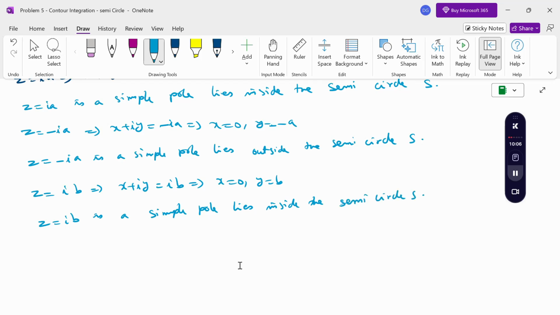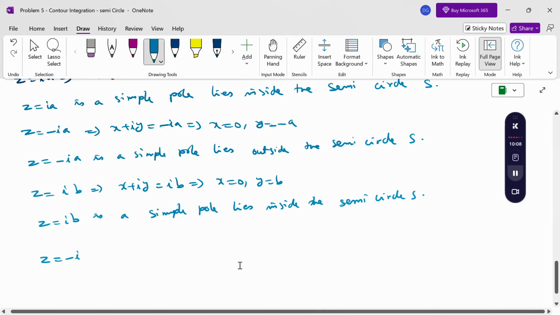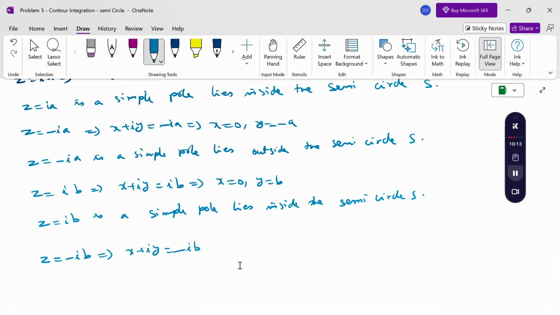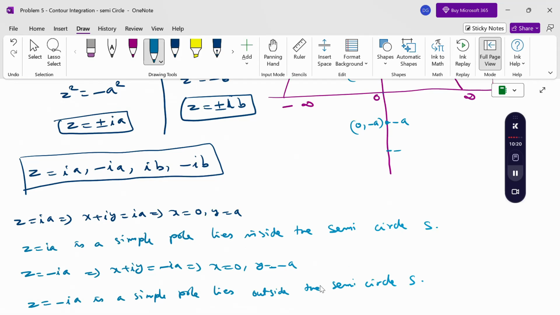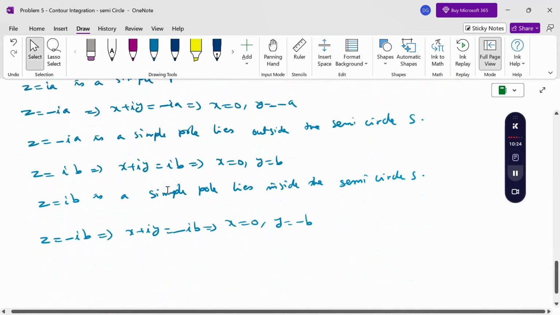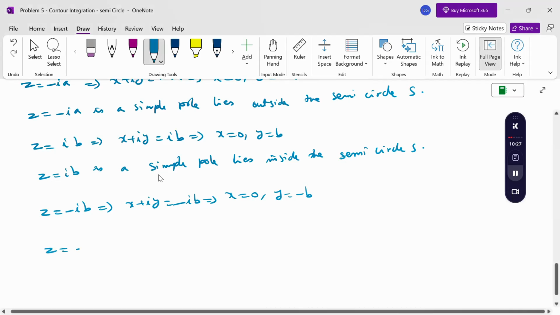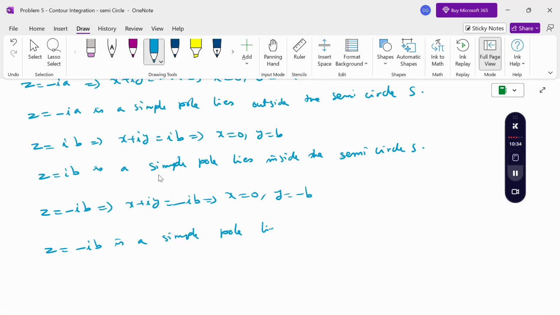Yes. Then z equal to minus ib: x plus iy equal to minus ib, x is 0, y is minus b. In the semicircle, this point is 0 comma minus b. Now z equal to minus ib is a simple pole and lies outside the semicircle.